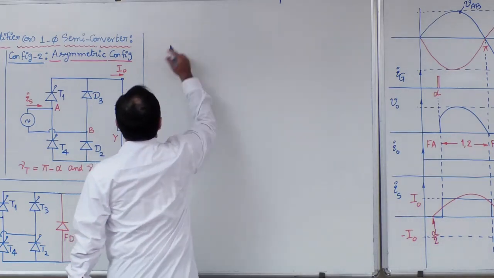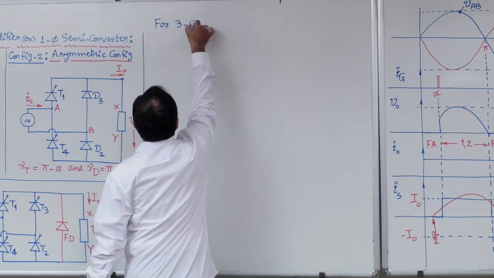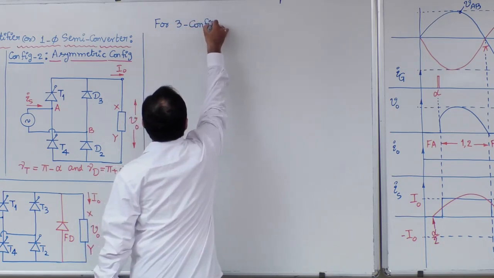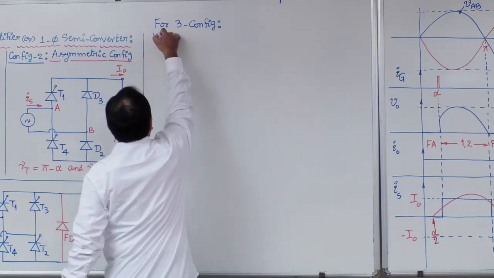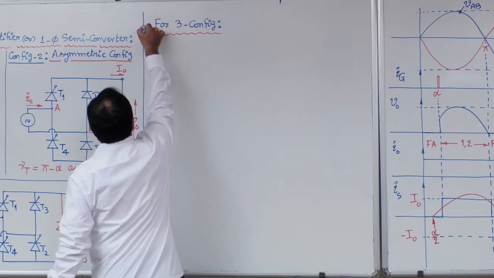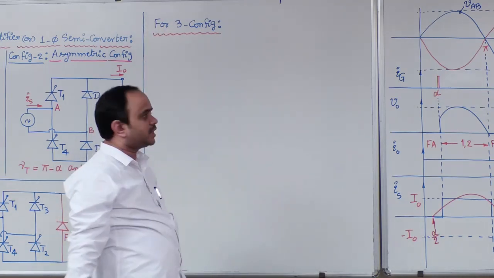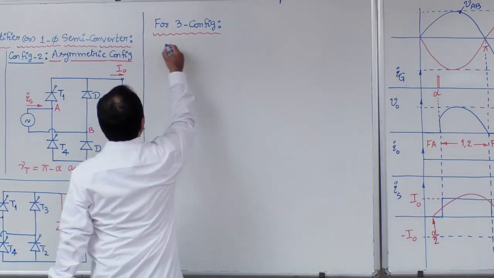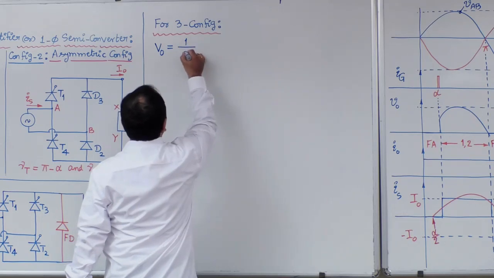So all the equations we are going to derive now are applicable for the three circuits. Now, first let us look into the average output voltage.